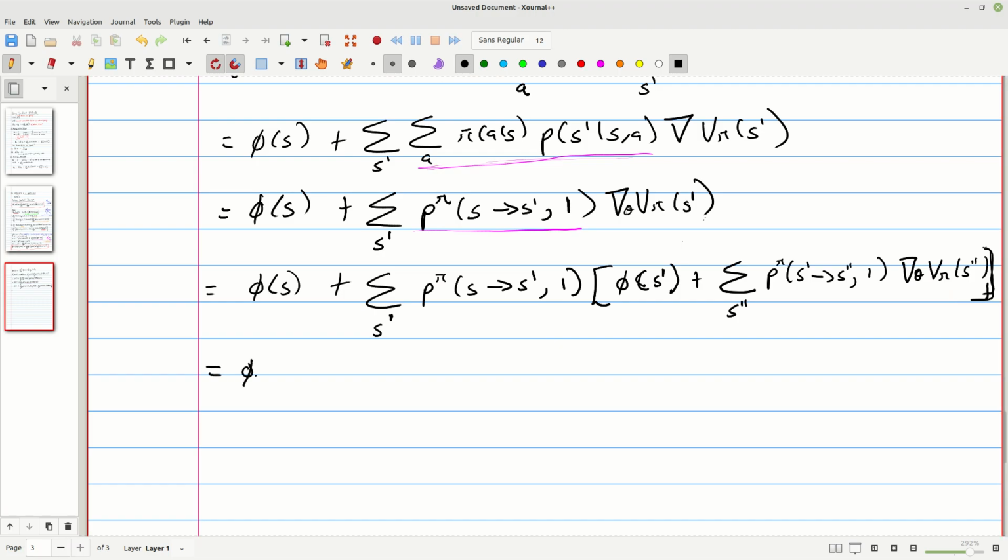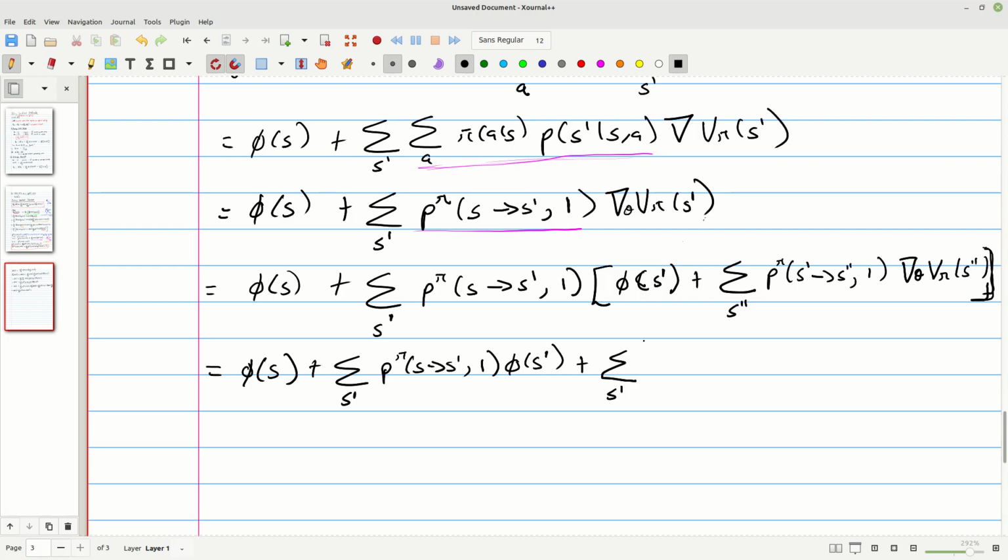So this is equal to phi of s plus the summation over s prime of p pi transition from s to s prime in one step, multiplied by phi of s prime, plus the summation over s prime of p pi. Again, what we're doing here is essentially multiplying this plus this times this plus this times what's inside.